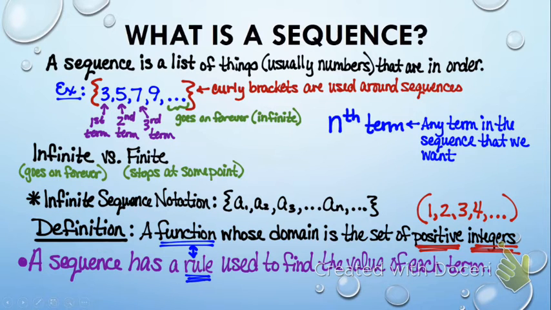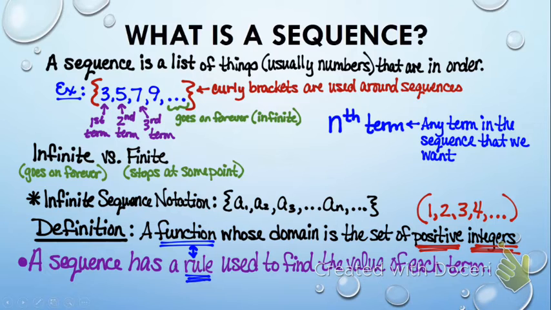We think of n as like our input, like our x's. The input can only be what type of numbers? What'd you say? Positive integers, whole counting numbers. Those are the only types of things that our function rules can take when we're talking about sequences.